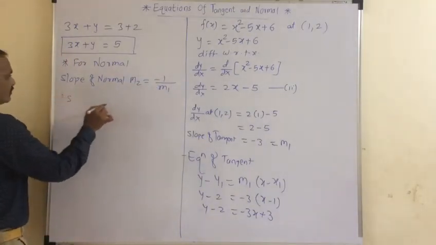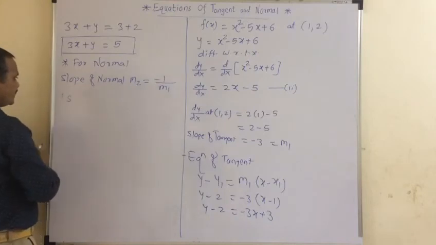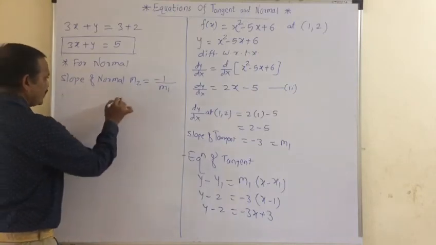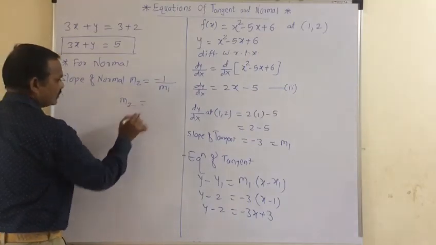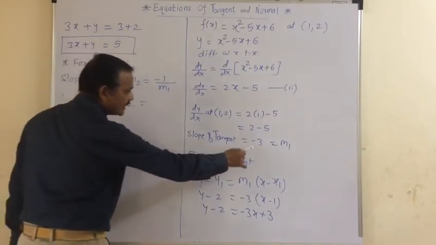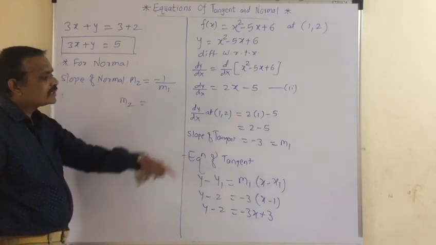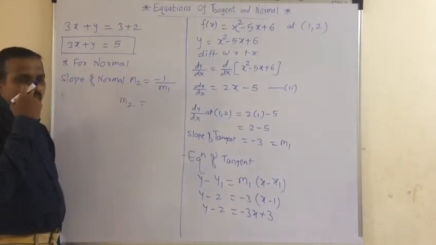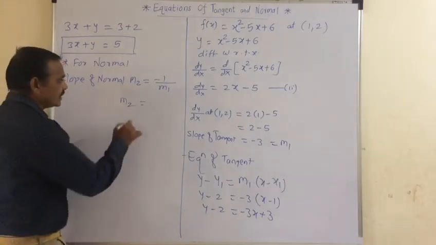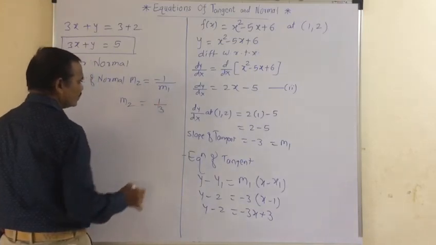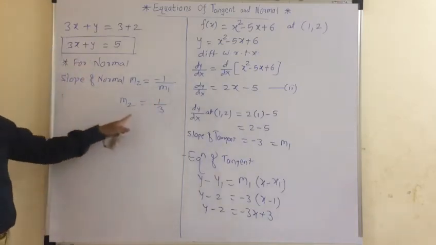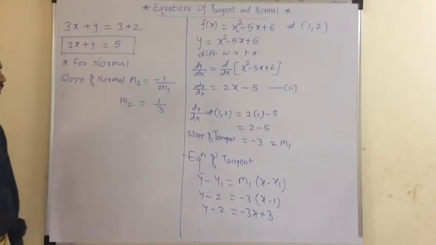Now slope of tangent is equal to, we have found here, minus 3. Now reciprocal of minus 3, we get 1 upon 3. In this way we find slope of normal is 1 upon 3.